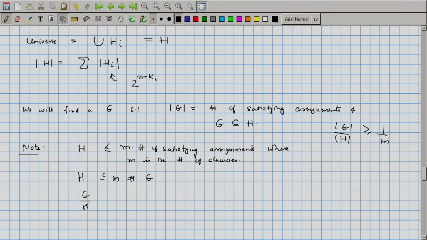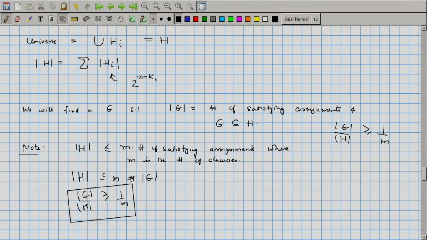So, G by H is going to be greater than 1 over m, and that will take care of all the requirements.